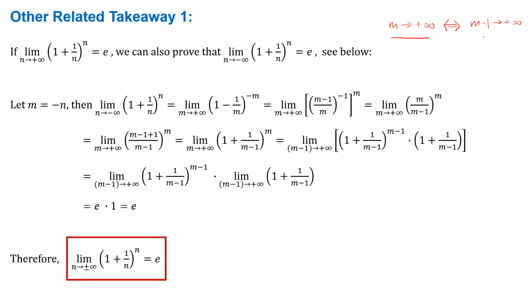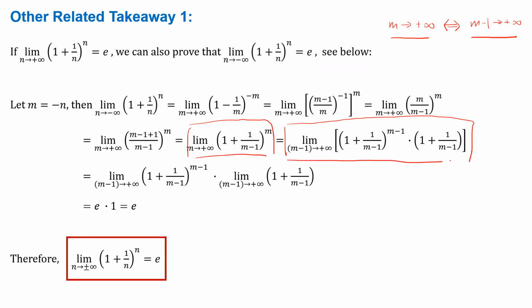Therefore, these two expressions are equivalent. So we can rewrite the limit here to the new limit here. Basically, we want to find the limit of this expression as m minus 1 approaches positive infinity, right?